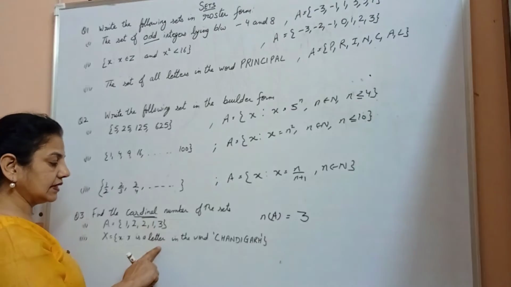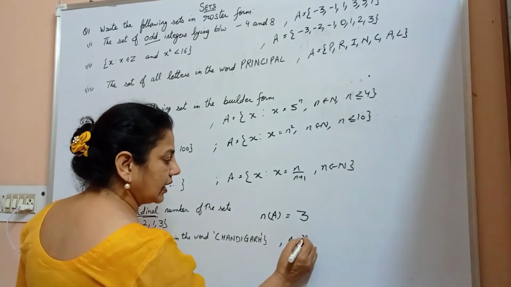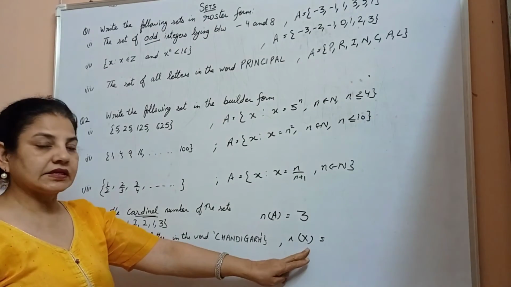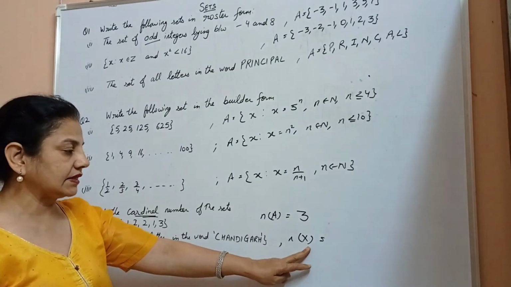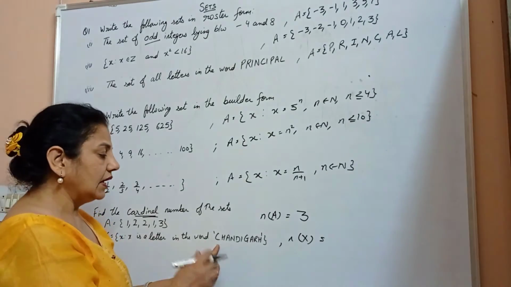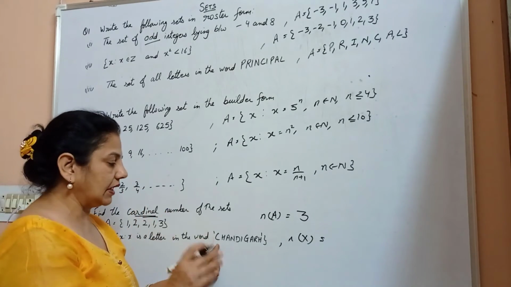Next, X is the set of letters in the word Chandigarh. So again, the number of elements in the set X, the cardinal number of the set X, is found by considering the word Chandigarh and counting the letters, and the repeated letters will not be counted.